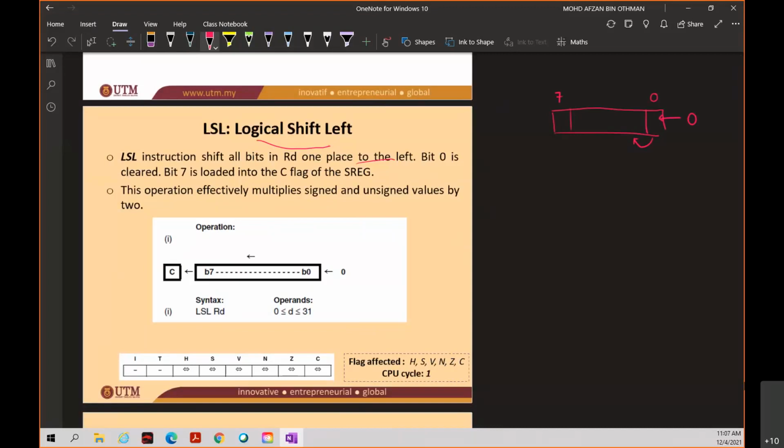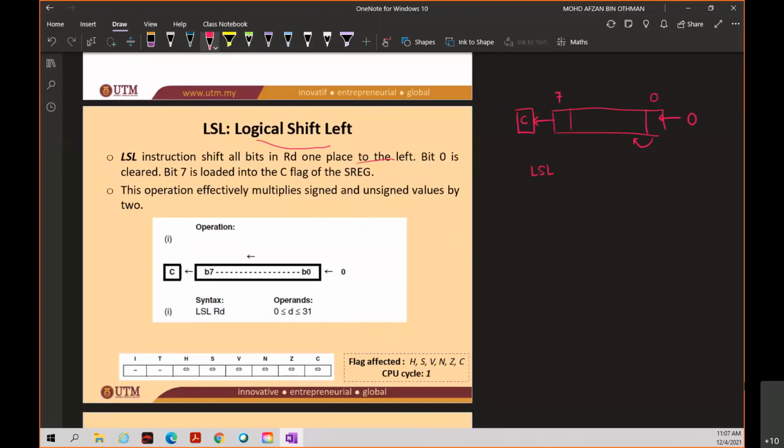Okay, and then bit 1 will go to bit 2, bit 2 goes to bit 3, and all the bits here will be shifted by 1 bit. And what happened to your bit 7? So the value inside bit 7 will go to your C flag. Okay, so this is the operation for LSL.